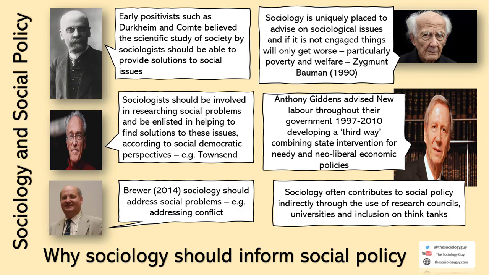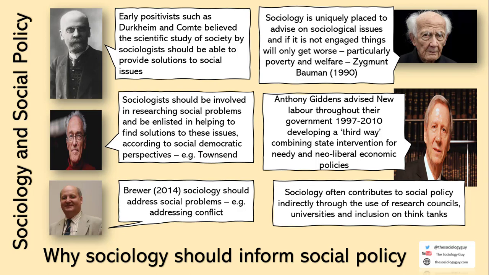We could also put in here some realist thinkers. So your right realism, your left realism, you could talk about those. They thought that sociology could help solve the real problems of crime. So you could use the likes of Murray, you could use the likes of Wilson and Kelling's broken windows theory. You could use Lea and Young and how sociology should help tackle social issues.